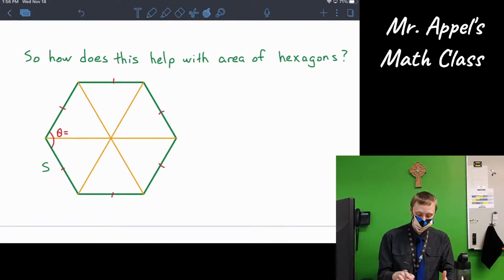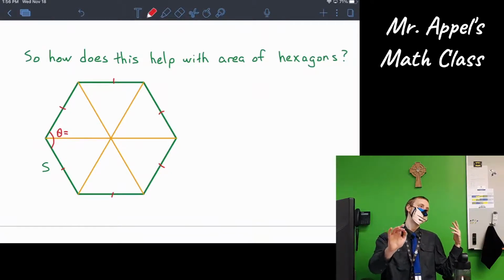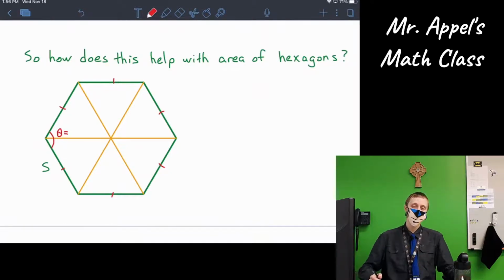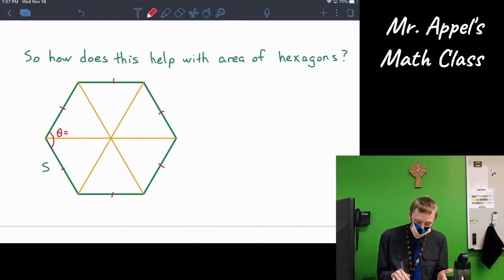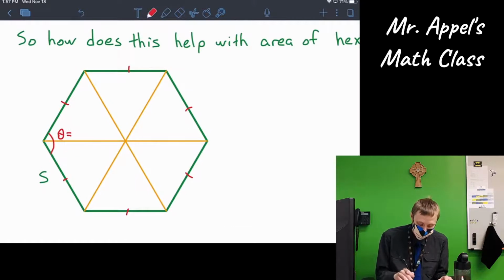You're like, great, fantastic. You give me the side length and the apothem, and I got you. And then the worksheet was like, haha, no apothem. No apothem for you. And you're like, what? What am I supposed to do? I need the apothem to find the area. Mr. Apple said, you take the hexagon, you divide it up into little triangles. And you're like, okay, I did that. And then I take the apothem right here.